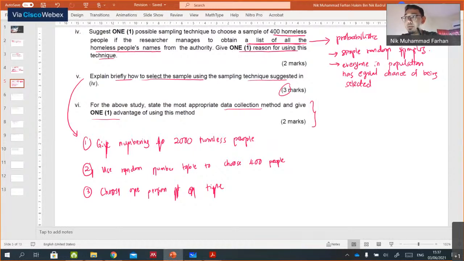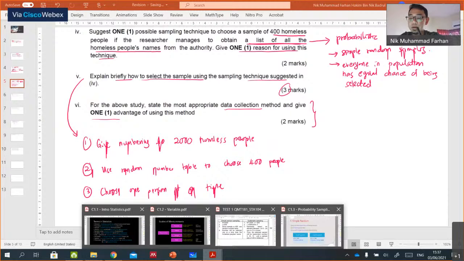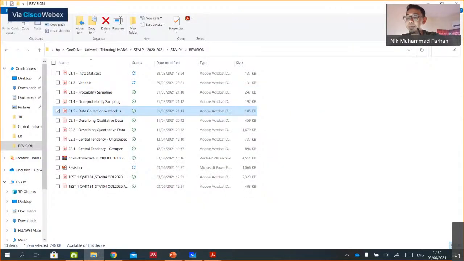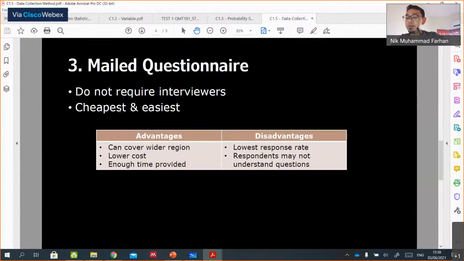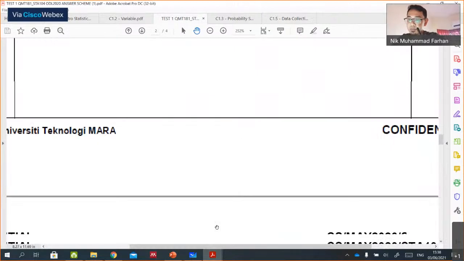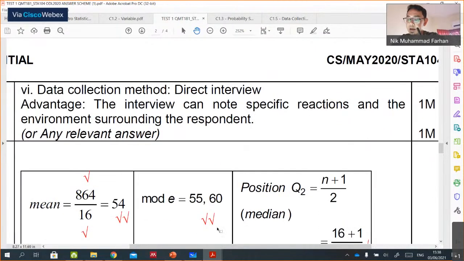Okay, state the most appropriate method. In this case, mari kita tengok data collection method ada apa. Okay, kena fikir logik lah. Data collection method. It's either face-to-face interview. Okay, mail interview ni memang tak logik lah, right? Kalau jawapan dia direct interview lah.